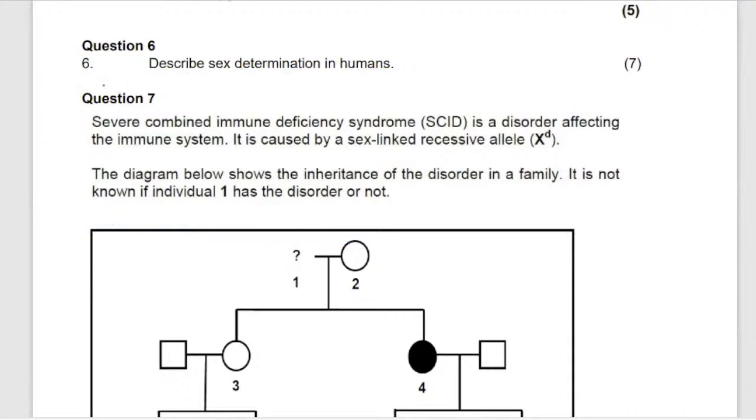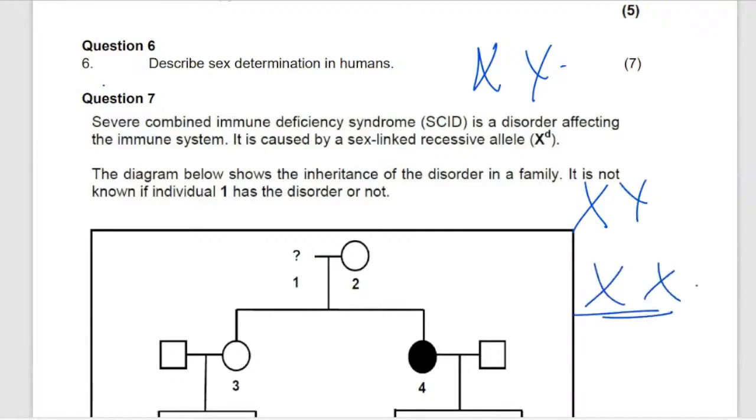If they say sex linked disorder, definitely you have to use X and Y. Male, there will be X and Y. Female, there will be X and X. If it is not a sex linked disorder, please don't use X and Y. However much you know that this is a male, this is a female, please don't use X and Y if they have not mentioned that this is a sex-linked disorder. I think I'm clear there.